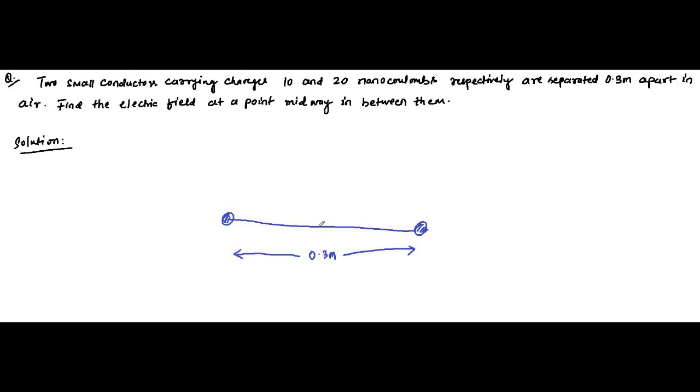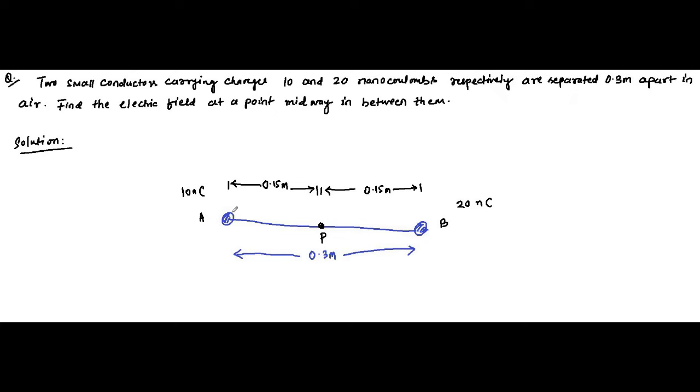And we have to find the electric field at a point midway here. So let's call this point A, B, let's call this point P. So this will be 0.15 meter and this one also will be 0.15 meter. B is 20 nanocoulomb, this is 10 nanocoulomb.